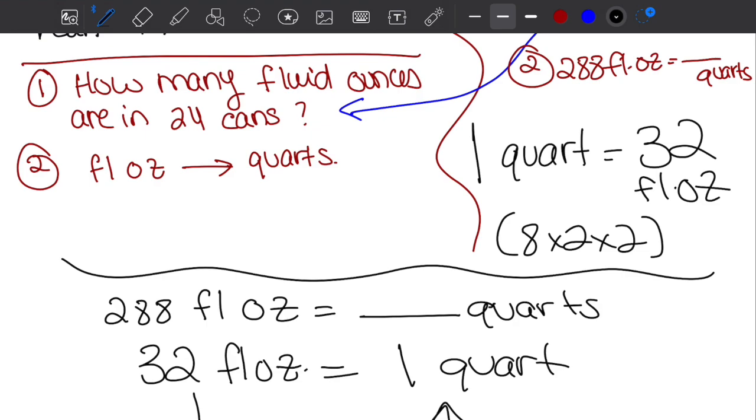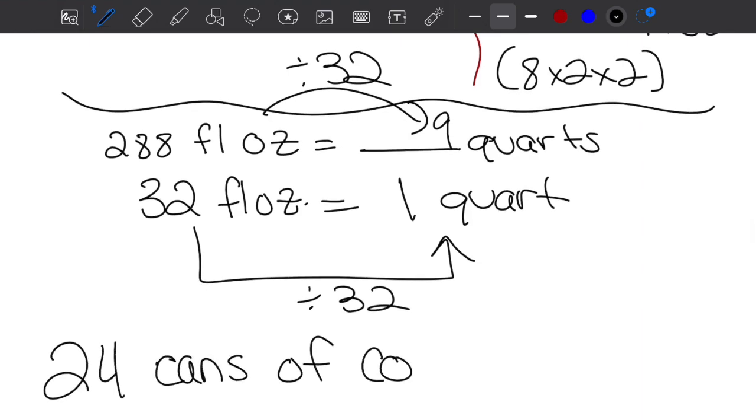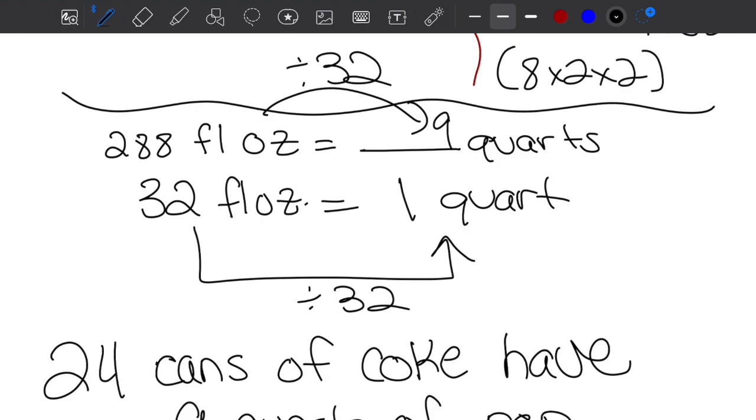I divide by 32. So to get from there to there, I will also divide by 32. So 288 divided by 32 is 9. So in conclusion, 24 cans of pop or Coke have 9 quarts of liquid or pop.